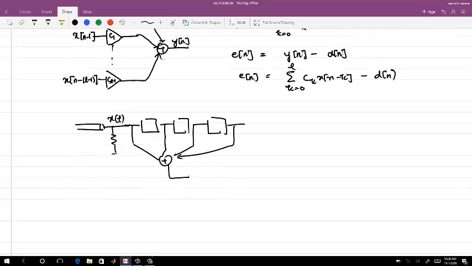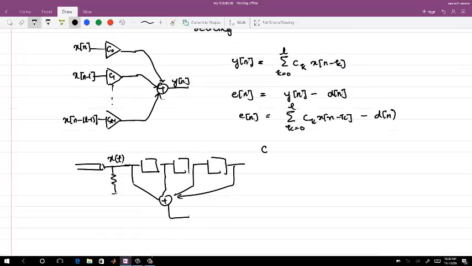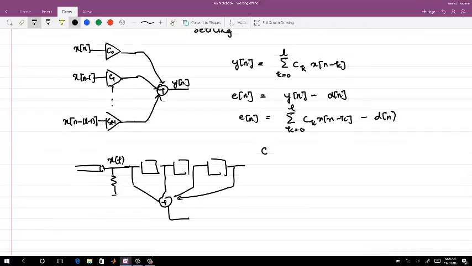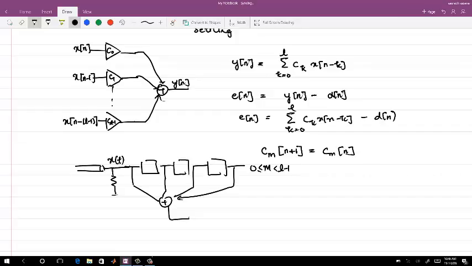So tuning the coefficient C of m, where m is between 0 and L minus 1, at time instant n plus 1 is C of m at time instant n minus mu times the derivative of e square with respect to Cm.